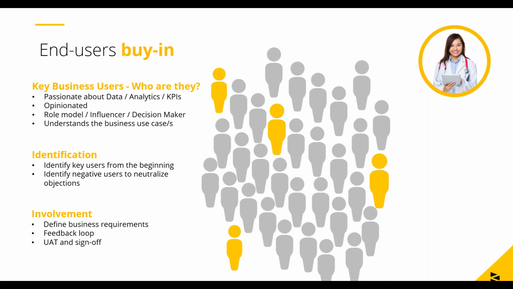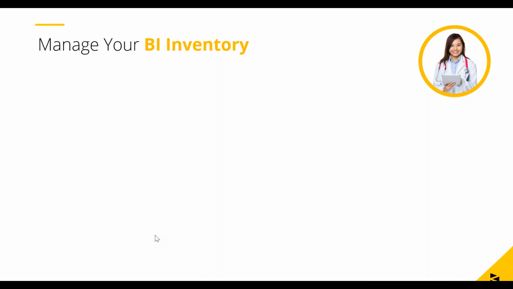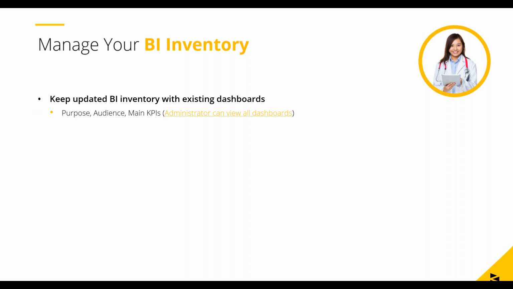So now that we have the end users, the key business user, it's a good start. Let's talk about what else can we do to increase adoption. First of all, we realize that in many companies, the people who are using the dashboard don't really know what dashboards exist in their company. So what we are saying for a start, keep an updated BI inventory in a place where everyone can approach.